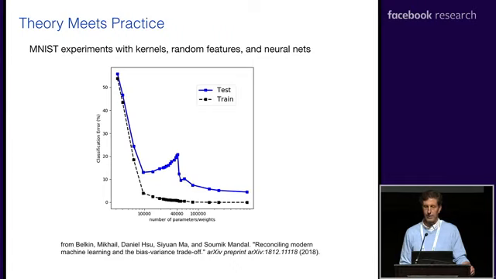This is a neural network example, but similar real data examples happen with kernels and random features as well. But you see distinctly that W characteristic in the blue curve, which is the test error here. So it's definitely a real thing. It's definitely happening, and we're starting to understand why. Again, the idea is that we're going to perfectly fit the training data, but we're going to do it using the smoothest possible function within whatever architecture we're using.